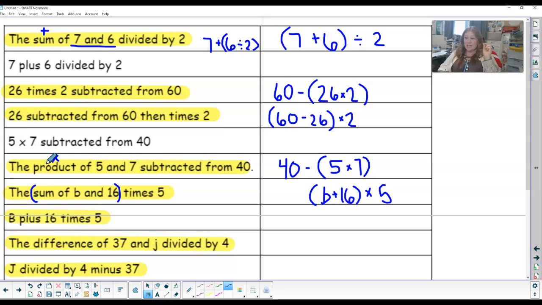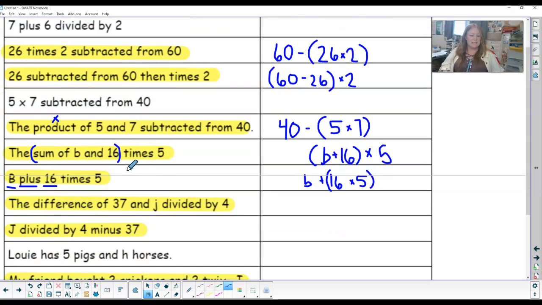There are little tricky things you have to watch for. So b plus 16 times 5: this one is saying b plus 16 times 5, so we'd actually do the multiplication first. It doesn't want the sum first, then times 5. It's just written out, so we would have to do the multiplying first.